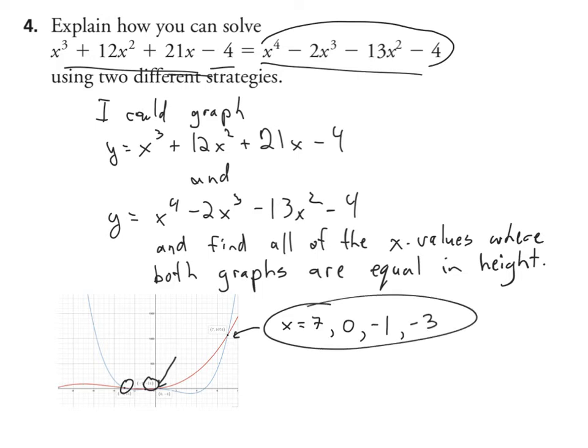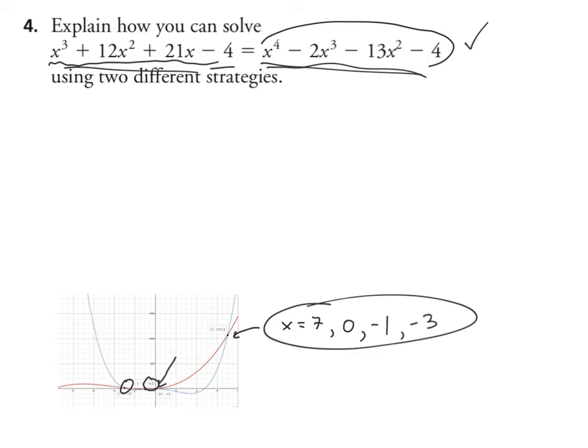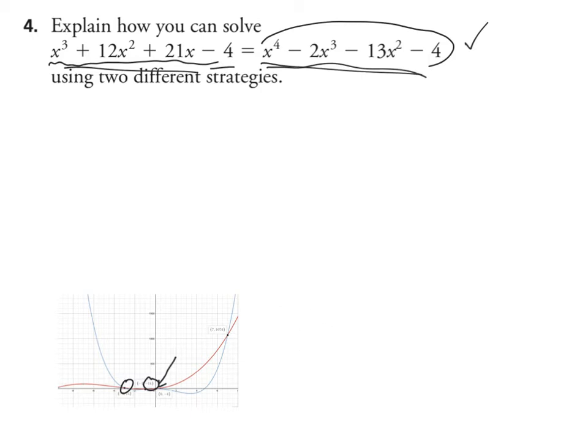And if you check it out, if you plug in a negative 3, a 0, a negative 1, and a 7 into this side and this side, they're both going to give you the same answer, and so that will be correct. All right, method number 2 of solving this, my favorite method, is to first manipulate this and bring everything to the left.